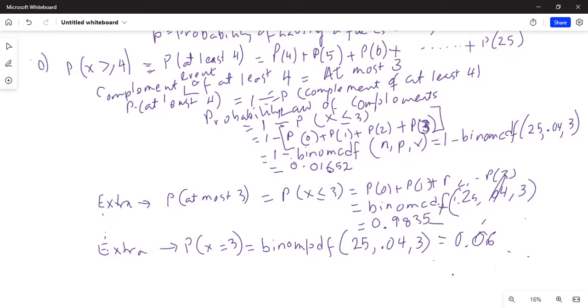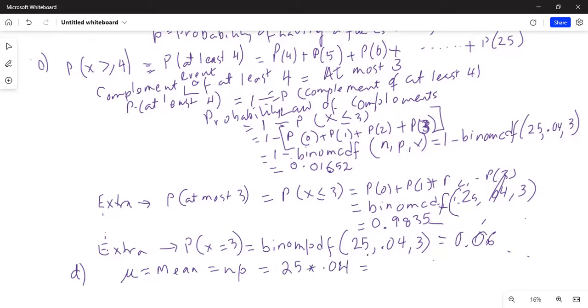Okay, now we will find out what is the average. Part D was asking to find the average and the standard deviation. So the average of a binomial distribution is given by this formula: mu, the mean, is n times p. In my case, n is 25 because the sample size is 25, multiplied by p, which is 0.04.